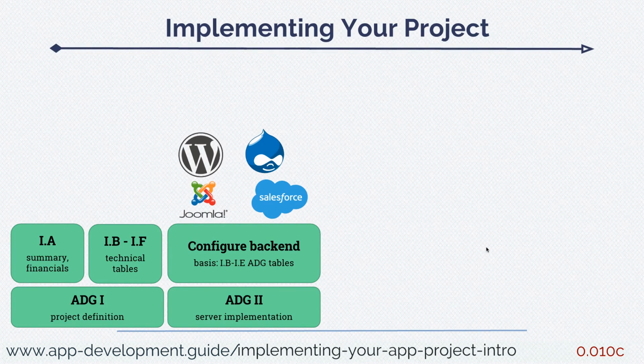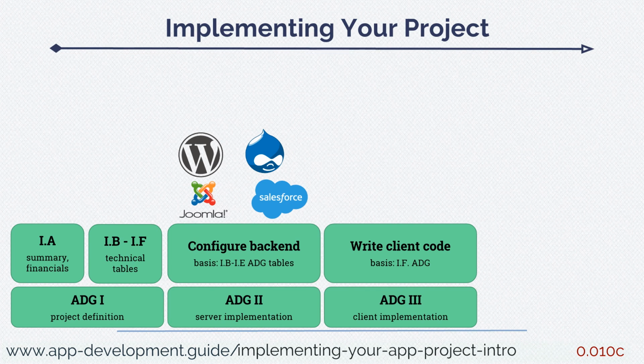Once you have implemented your app on the server and configured the backend, the next step is implementing your app and creating the client, the app that people download from the app stores. Here, just configuring doesn't work; you actually have to write a little bit of code.